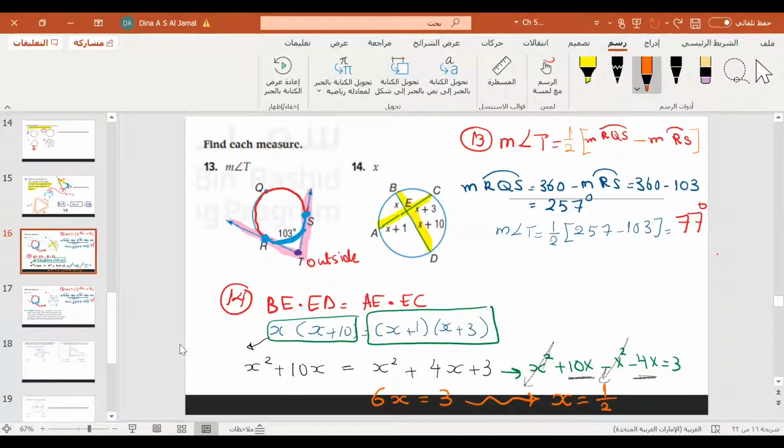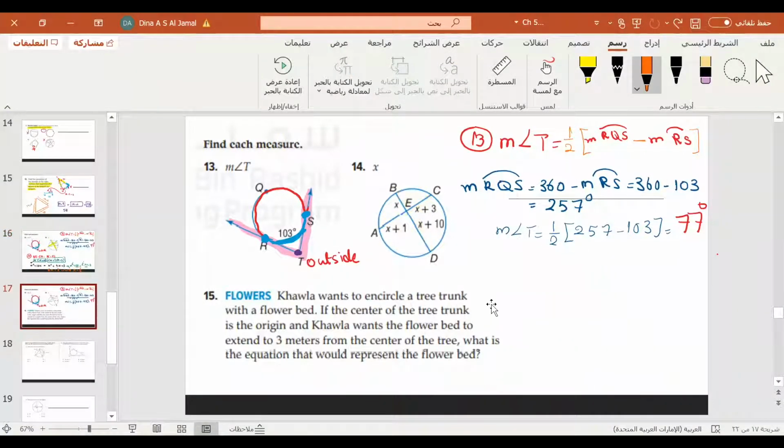Great. Now let's go to the other question, which I shifted to the other slide. Now question 15. We have the flowers question. Khawla wants to encircle a tree trunk with a flower bed. If the center of this tree is the origin, he gave you the center of the circle.